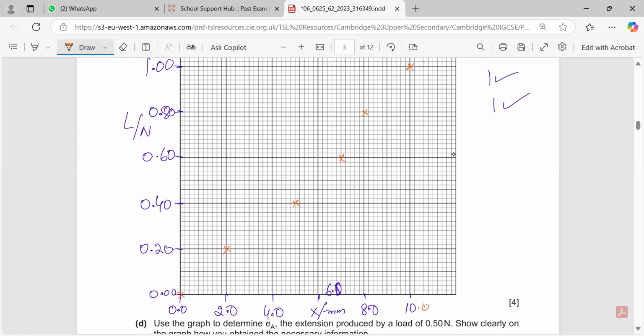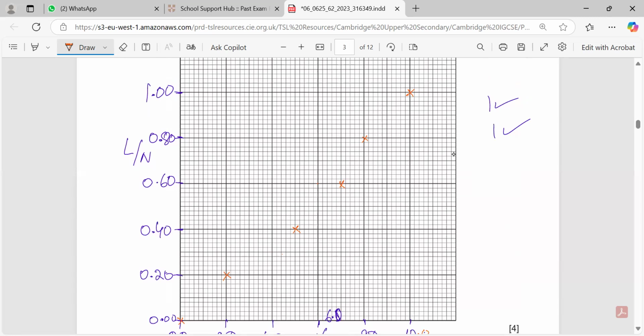I don't have the smaller scale, so I will be doing it roughly here. Just a minute, let me take one scale. We are not going to draw a line which is just making something.